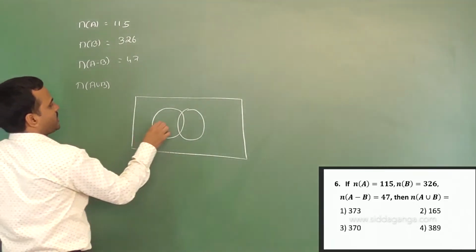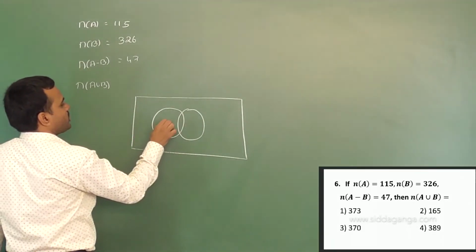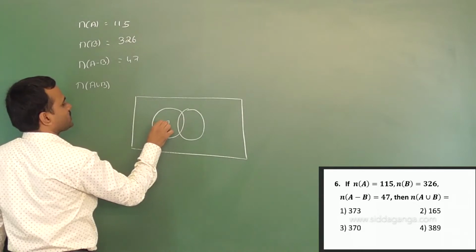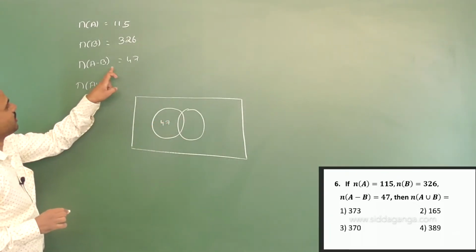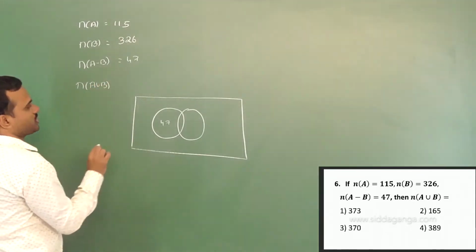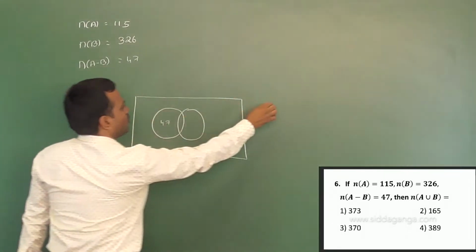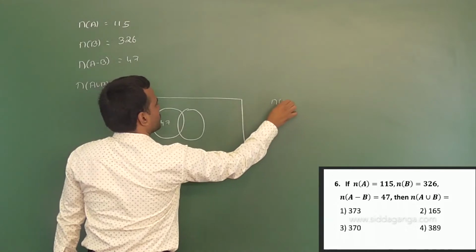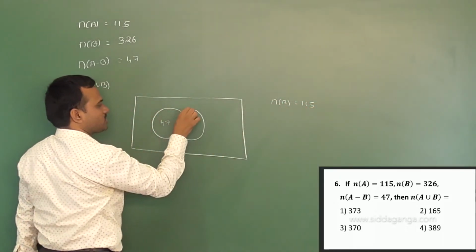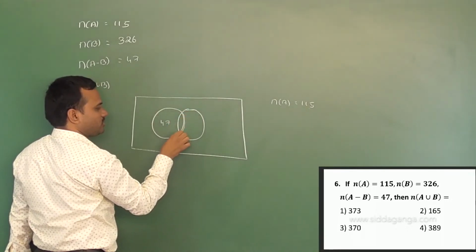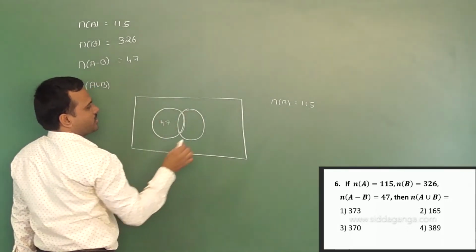A minus B has been given as 47, the set of all elements which are present in A but not present in B. n(A) is 115. We want the intersection first, this region. What do we do?